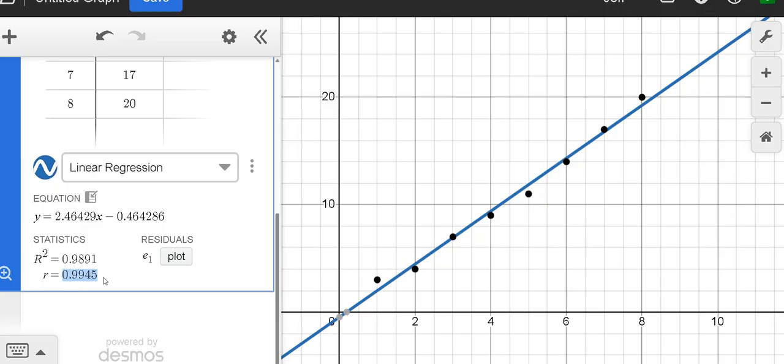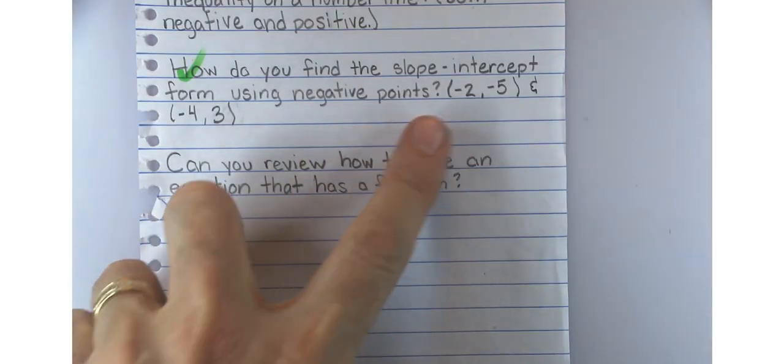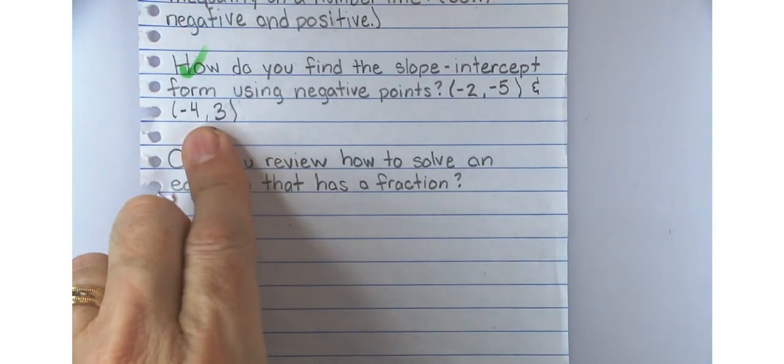All right, just a couple more here, so let's keep it rolling. Let's see. How do you find the slope and intercept form using the negative points of -2 and -5, -4, and 3?